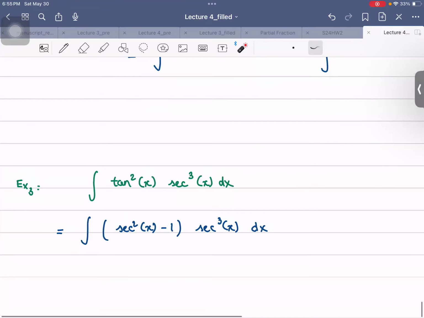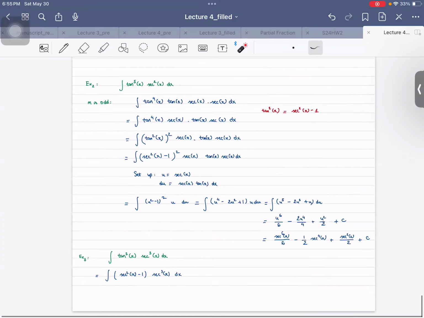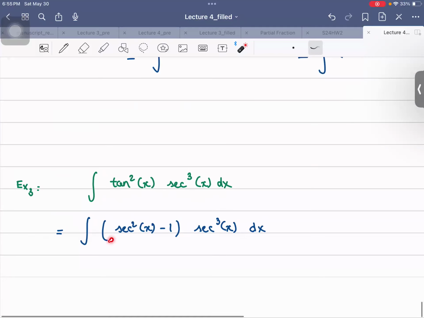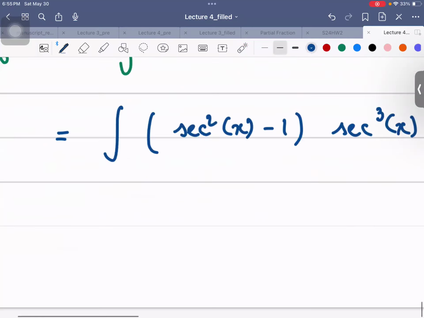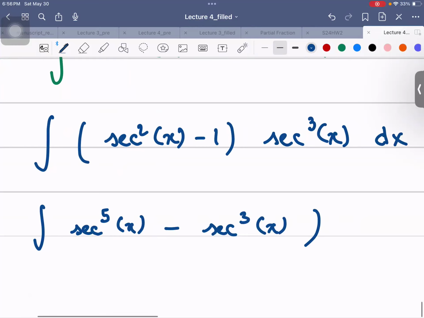Over here, you have tangent squared, and tangent squared is secant squared minus 1. This is the identity we have. So you have secant squared minus 1 times secant cubed. And you can have secant to the power of 5 of x minus secant cubed of x dx.